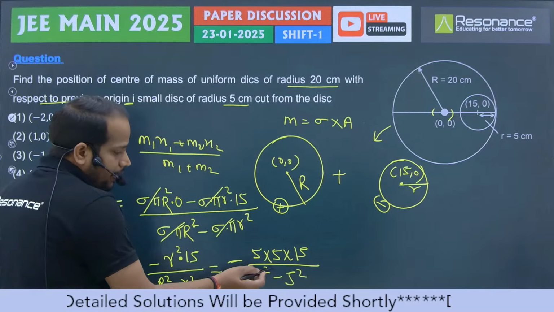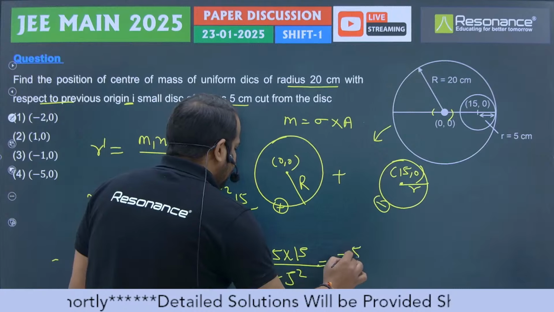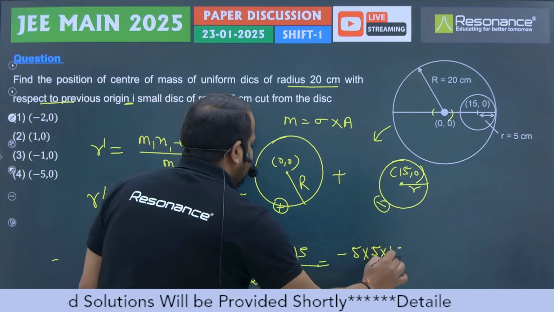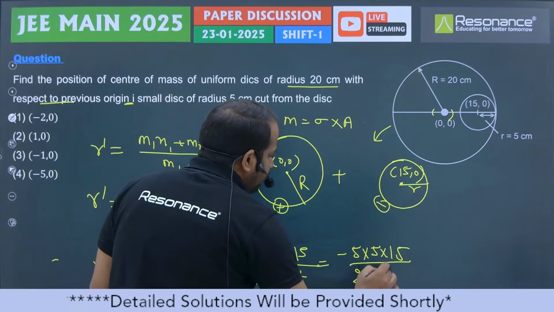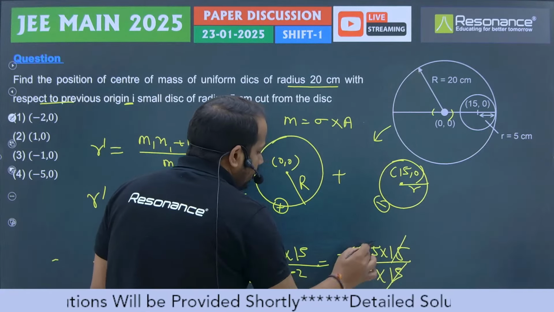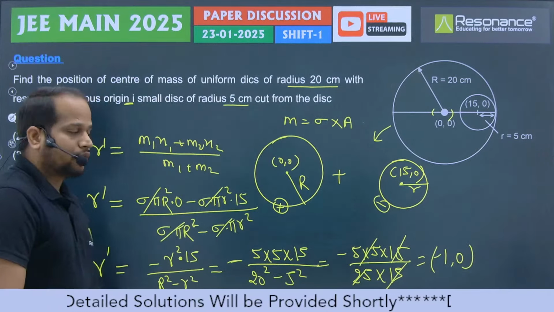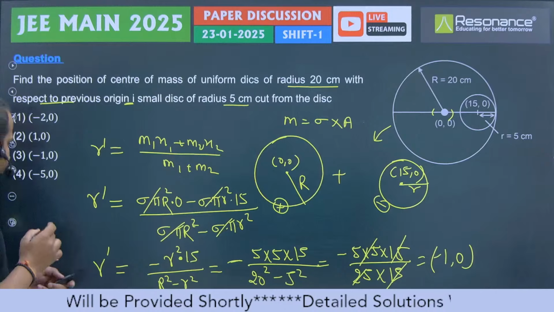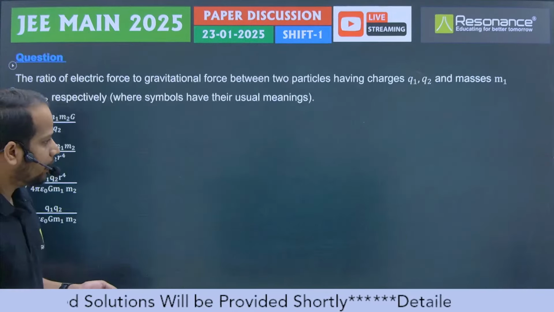You can see this is a square minus b square. When you do it, it will be minus 5 into 15 by, when you do a plus b, it's 25 into, this is what? 15. So it will be cancelled out over here. So the answer is minus 10, right? So the answer we have is minus 10 over here, right? Okay. Now let's move on to the next one.